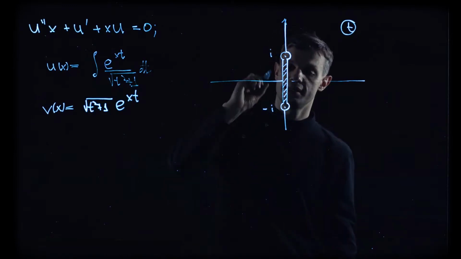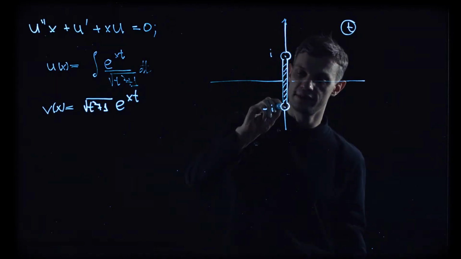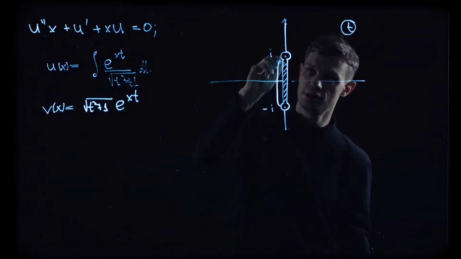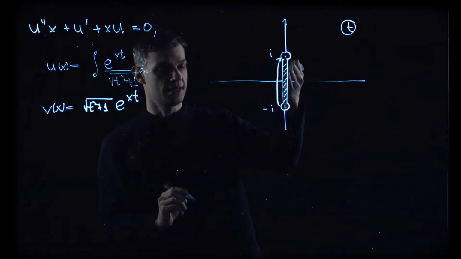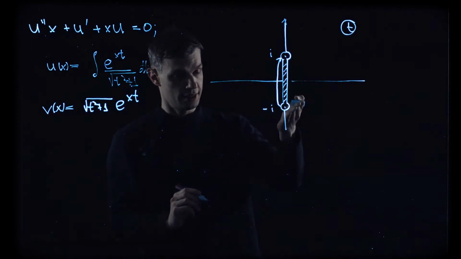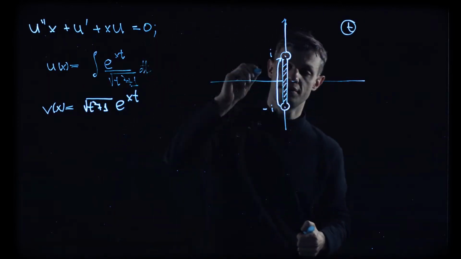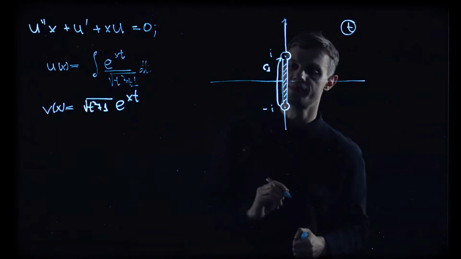Right, so last time we discussed in great detail the solution. It happened to be a bounded solution at x tending to plus infinity and at x tending to 0. So the solution was defined by the following contour.